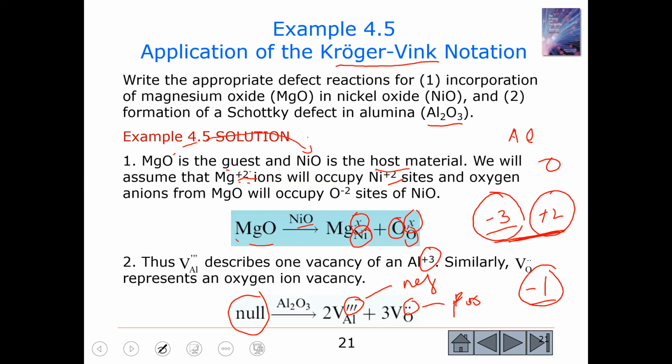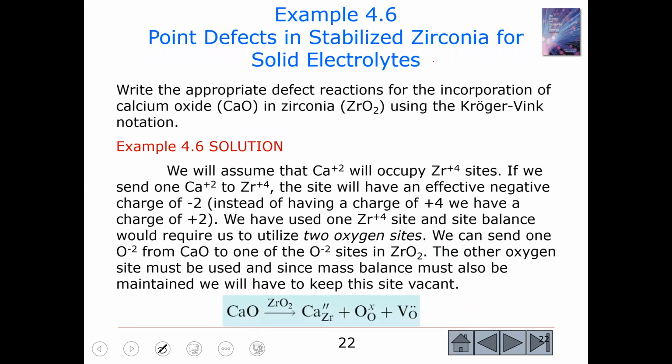In order to restore balance, we need to have 2 aluminum atoms leaving the material and 3 oxygen atoms. So 2 times 3 will be minus 6 and 3 times 2 will be plus 6, so the resultant charge will be 0. This is how you use Kruger-Vink notation. We are going to do another example on this too.